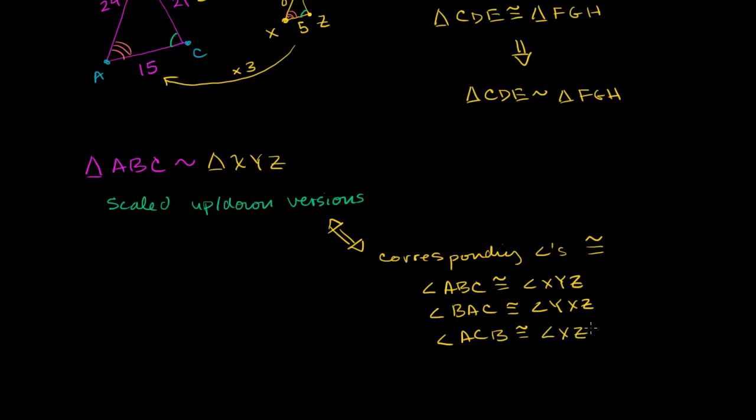So if you have two triangles, all of their angles are the same, then you could say that they're similar. Or if you find 2 triangles and you're told that they are similar triangles, then you know that all of their corresponding angles are the same.